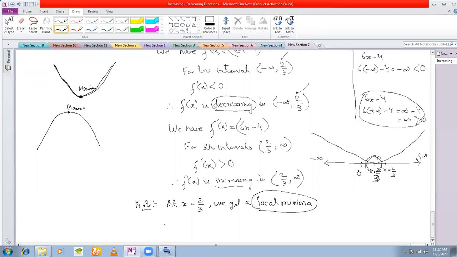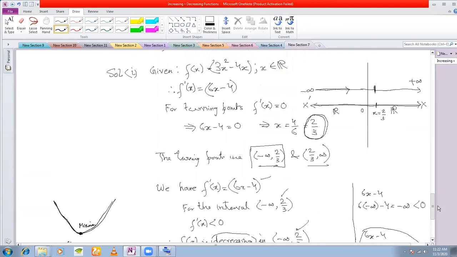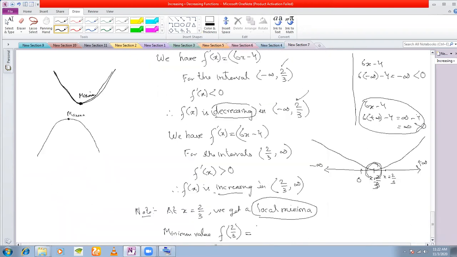And what is the minimum value of the function? Minimum value is f of 2/3. What is the definition of this function? 3x square minus 4x. Is that clear? Stop here for today.